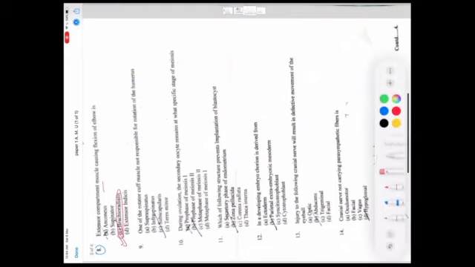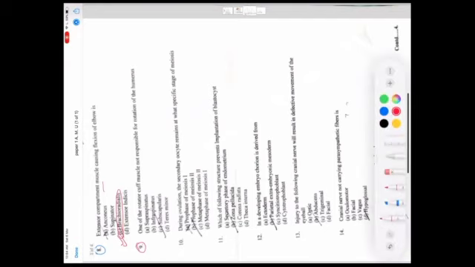Now the next question is question number 9. Which rotator cuff muscle is not responsible for rotation of the humerus? You have supraspinatus, infraspinatus, subscapularis, teres minor. So just see this diagram here. I've shown you the head of the humerus in a transverse section, and here you're seeing the glenoid fossa.